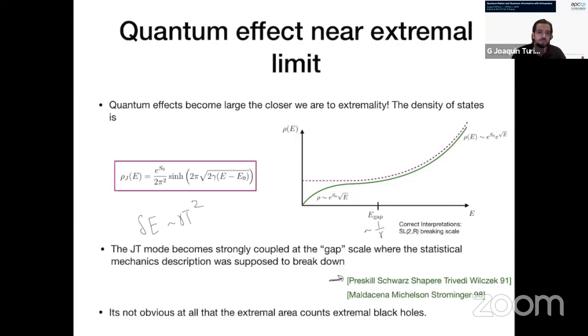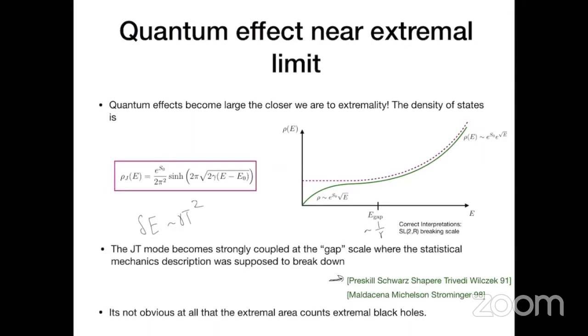And the picture that I feel people had in the 90s, looking at papers, I wasn't working on this back then, is that based on examples from string theory, they assume that there is always a gap. That you have a gap and then you have a large e to the S_0 states exactly at extremality, then you have a gap and then you continue. And what I think this calculation shows is that picture is not correct. So it is strongly coupled there, but we don't need the gap. That's what you would like to say. Yeah. Okay, thanks a lot.